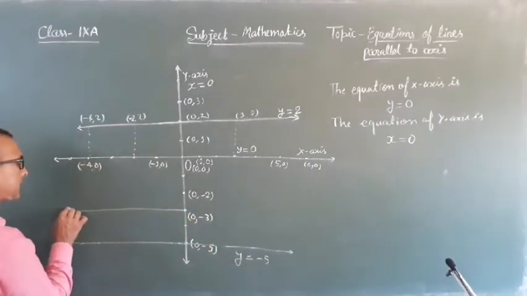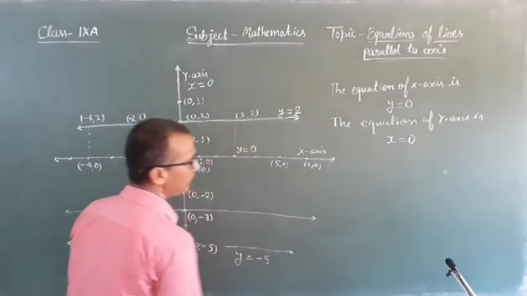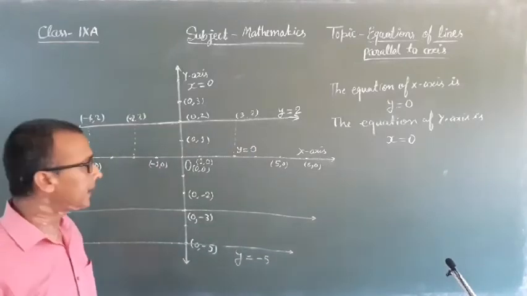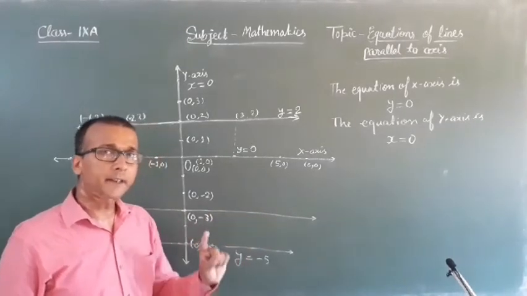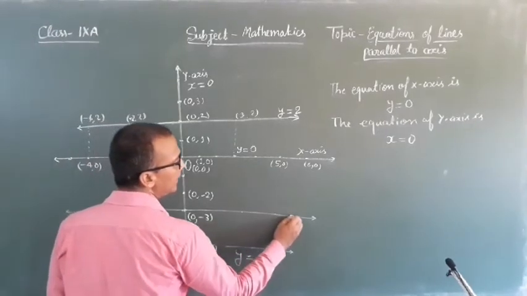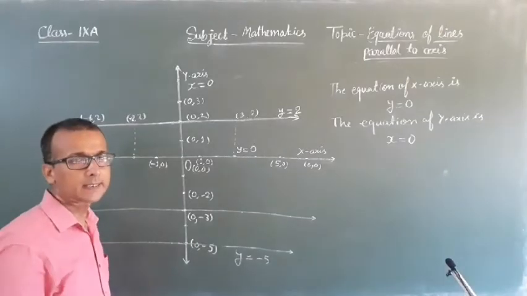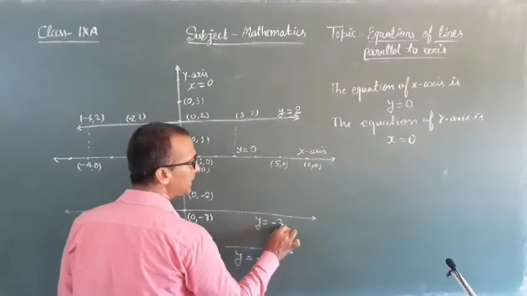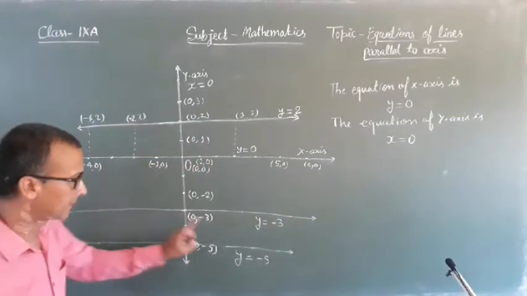If this line is parallel to the x-axis, then for each and every point which lies on this line, the value of the ordinate will be -3. For each point, the value of y is equal to -3. So you can say it is a line parallel to the x-axis.